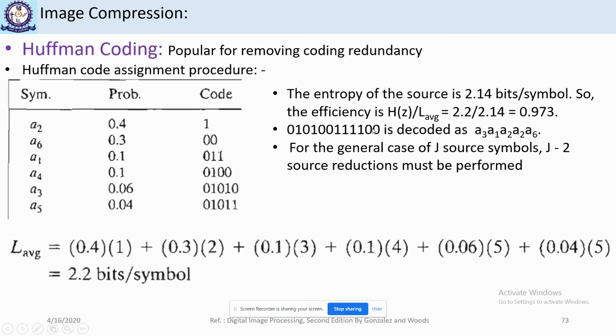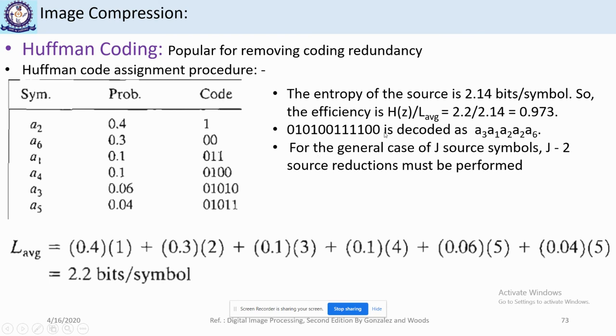So entropy is 2.14 bits per symbol, and the average symbol length is 2.2 bits per symbol. When we divide these, we get the efficiency equal to 0.973. So this is the efficiency of the code which we have achieved using Huffman coding.